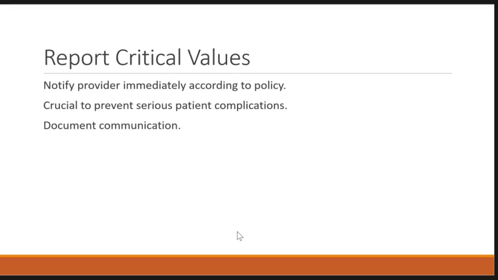Timely reporting facilitates prompt intervention and helps prevent serious patient complications. And some of these can be life-threatening to a diabetic if they are not dealt with immediately. It's crucial to document the communication, which will include the name of the person you called, the time, and the date.